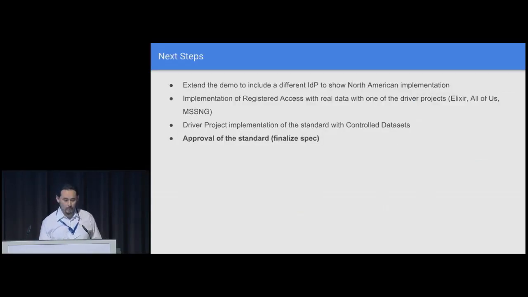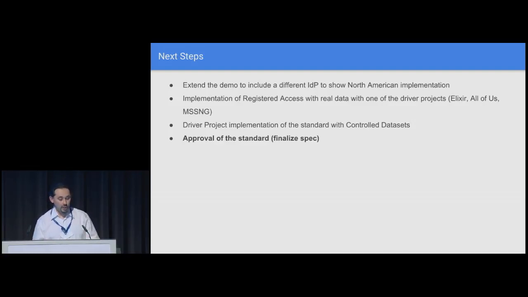All right, and so our next steps is we're going to use the demo as our way of expanding and bringing in more IDPs with North American implementation as well, and not just the European one. We are working with driver projects, Elixir, all of us. You're going to see something was missing as well.